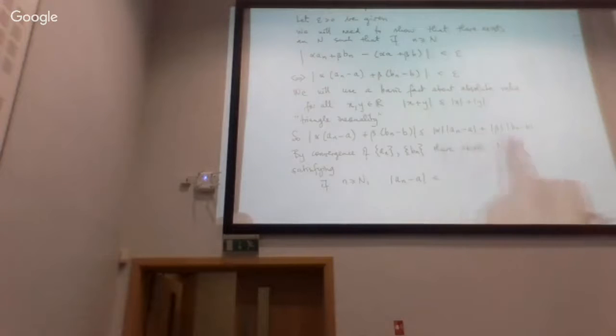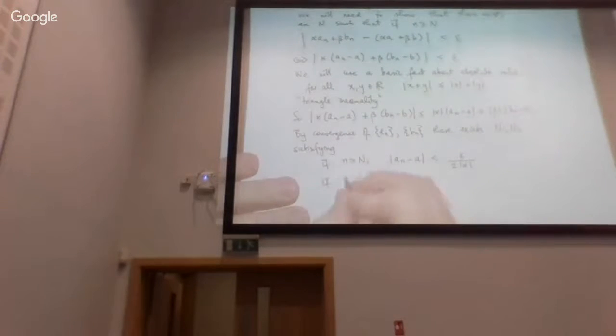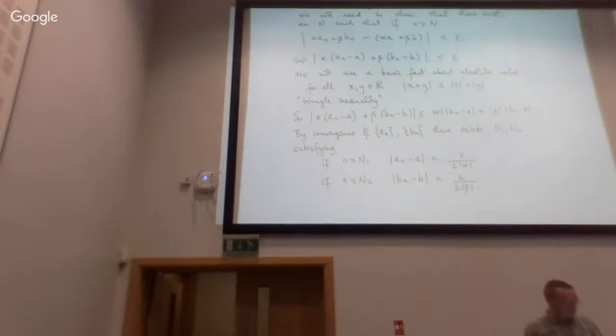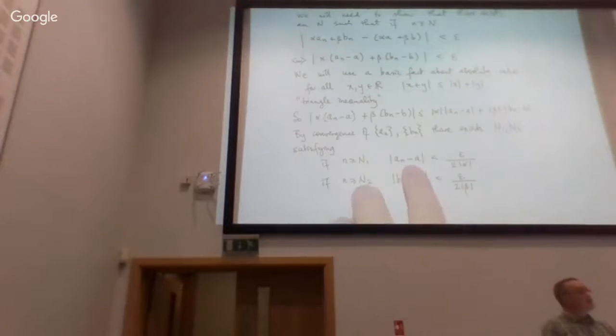I just have to choose it small enough, and the same for bn minus b, so that when I add them all together, I get something less than epsilon. So I'm going to choose it less than epsilon over 2 times the absolute value of alpha. And similarly, n2 is chosen so that the absolute value of bn minus b is strictly less than the corresponding thing, epsilon over 2 times the absolute value of beta. Now I'm allowed to do that because bn is convergent to b, so this absolute value is getting arbitrarily small.